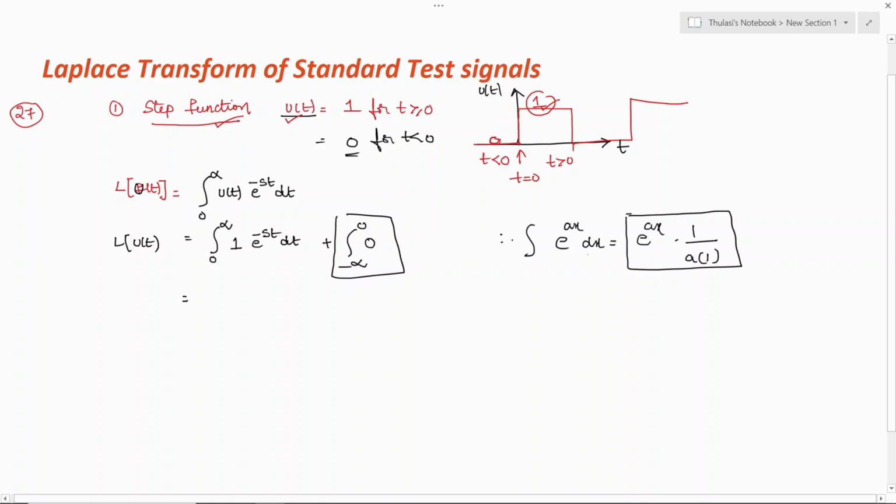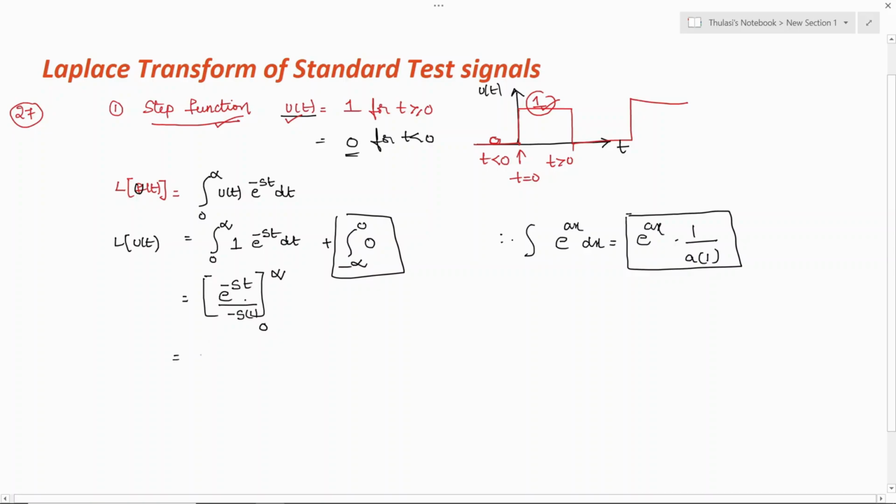Apply this integration here also. Therefore you are going to get e to the power minus st, with the limits varying from 0 to infinity, divided by minus s.